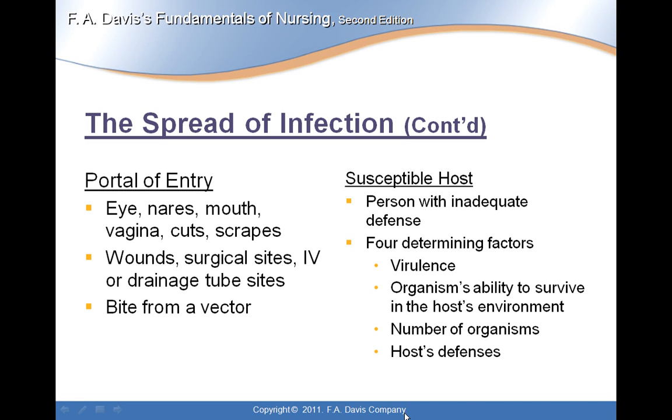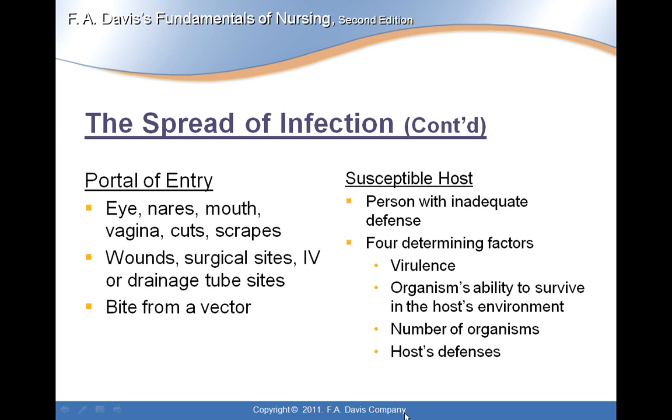But some organisms are strong enough and they're resistant and they're able to fight the natural defenses that we have inside of our bodies. Also, the number of organisms. Of course, if we have an overgrowth of organisms, then the susceptible host is probably going to become sicker at a more rapid rate. And then the host defenses.